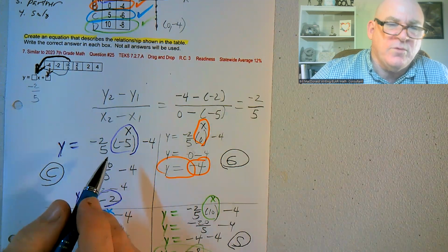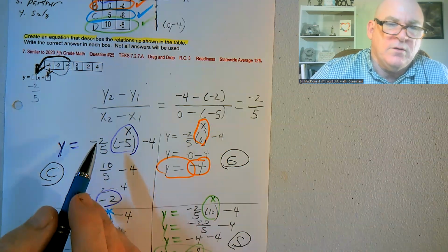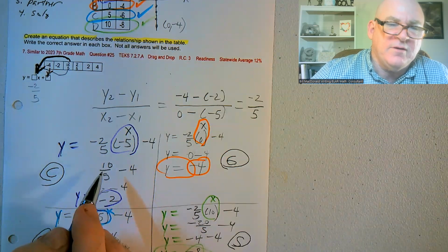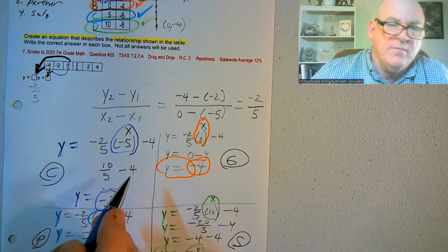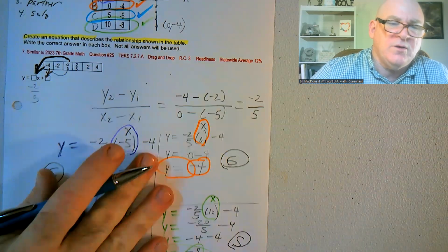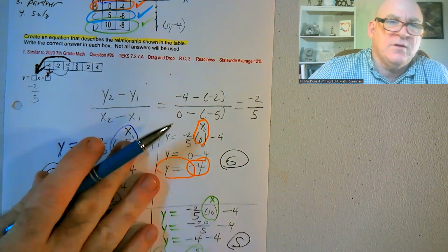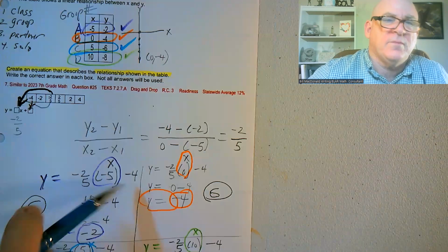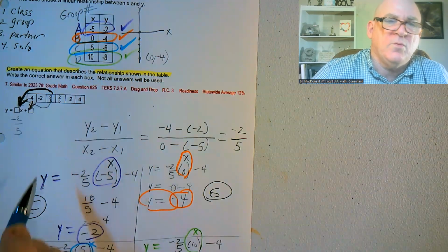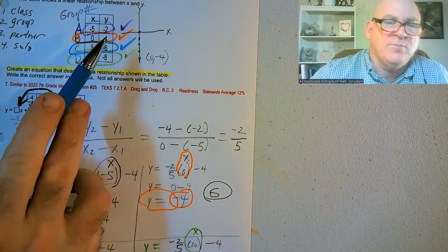As a class, we would do -2 times the -5, a +10 divided by 5, minus 4 would be 2 minus 4, and -2. So then we check our x as a class, correct, -5, and y -2.